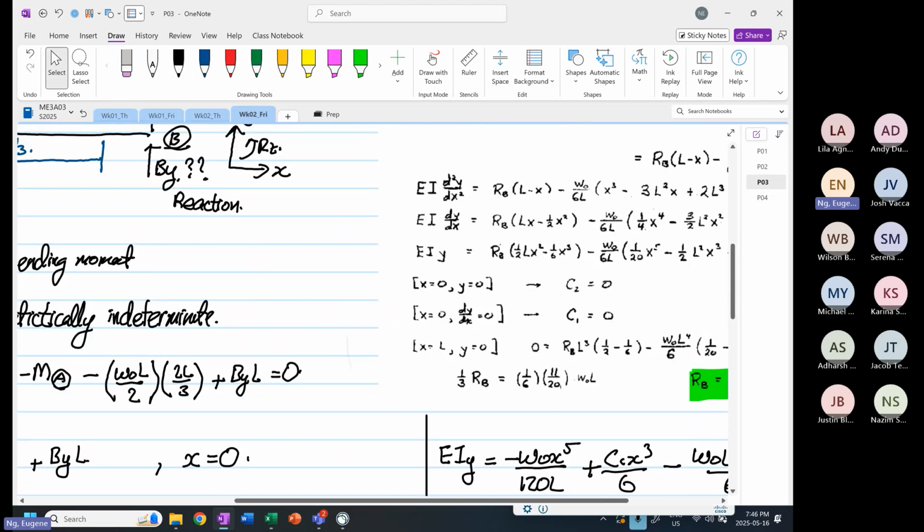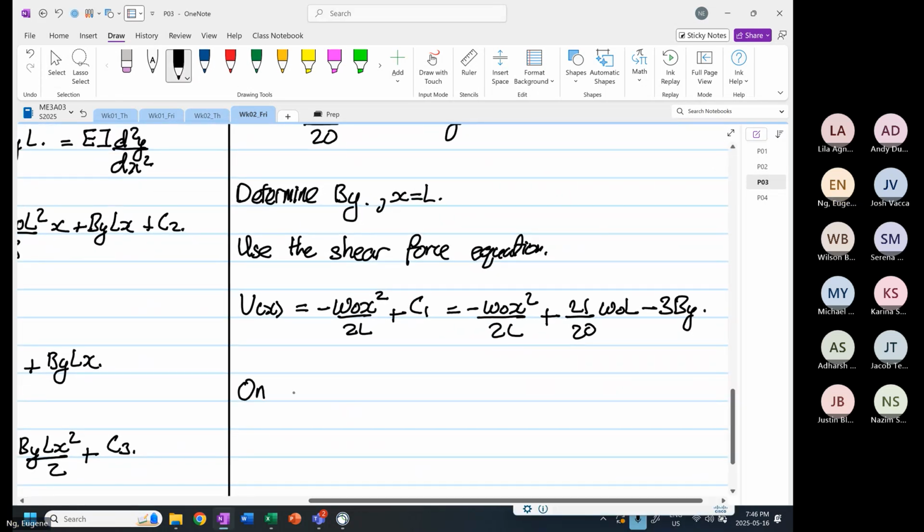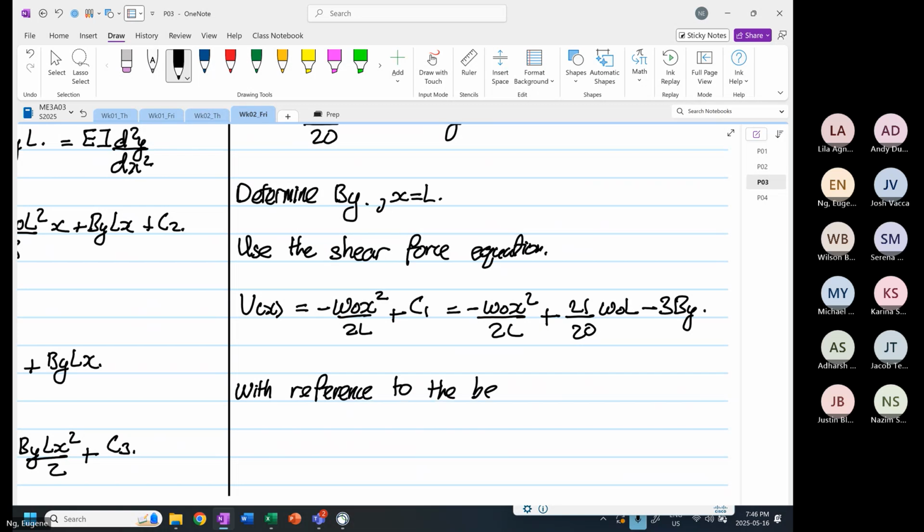So B_y is pushing up. Okay, however, with reference to the beam, when x is equal to L, V at L is equal to minus B_y.